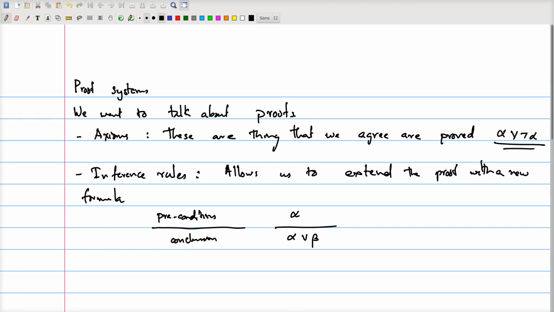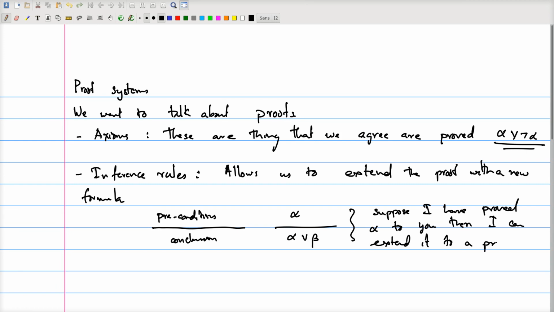You should read it as: suppose I have proved alpha, then I can extend it to a proof of alpha or beta.